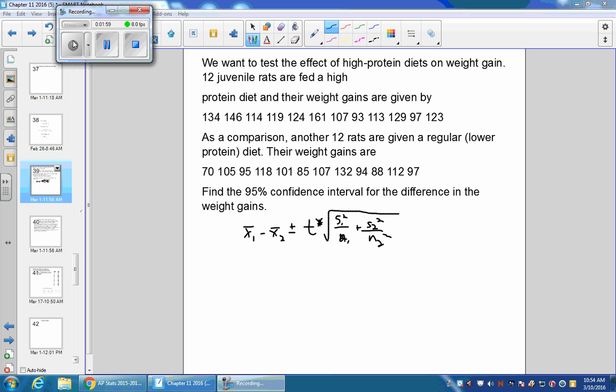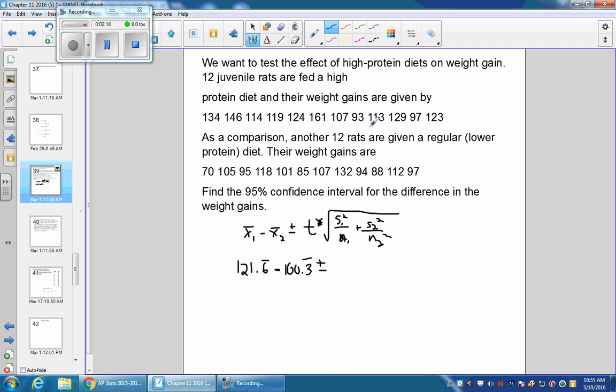All right. Now when we're doing this, we'll want to subtract our x bars. So we got 121.6 repeating minus 100.3 repeating plus or minus your t star.